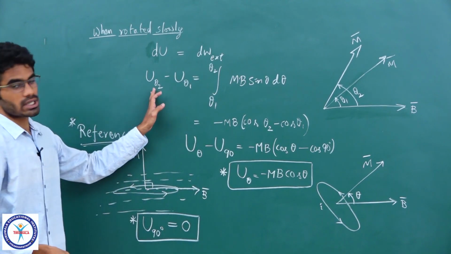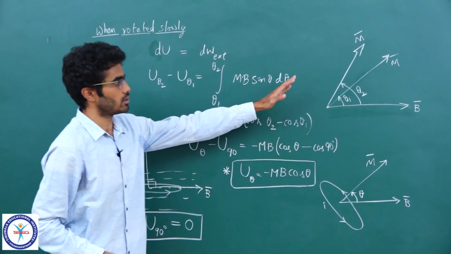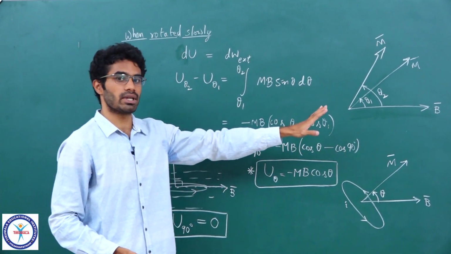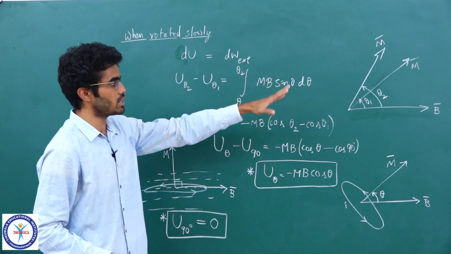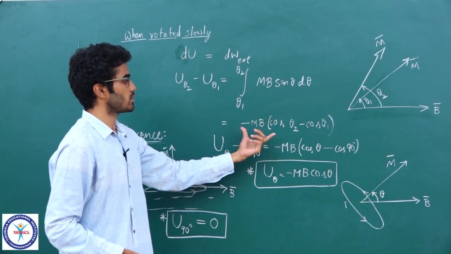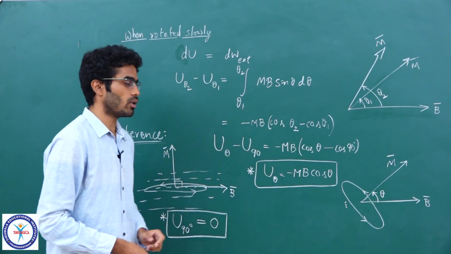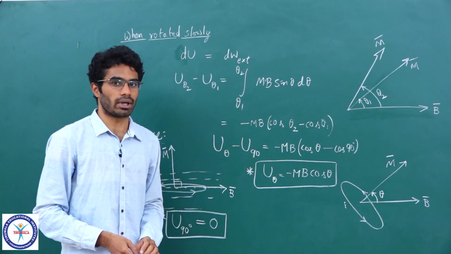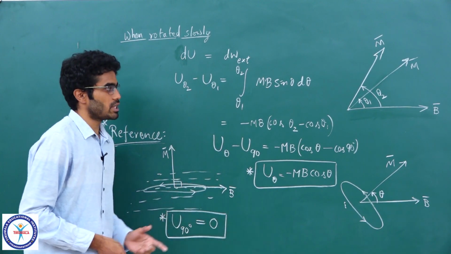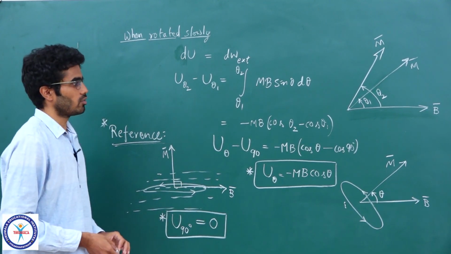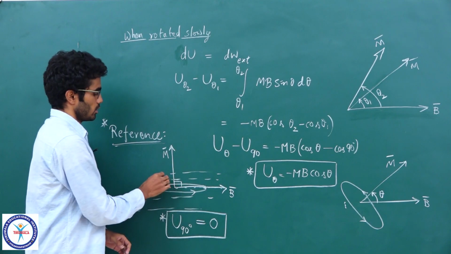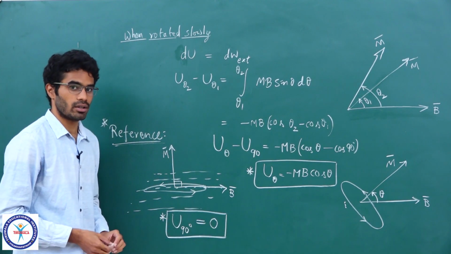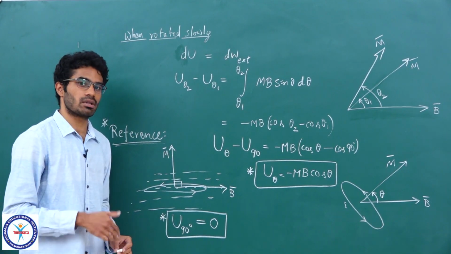The increment in potential energy at the situation theta 2 minus potential energy in the situation when it is placed at an angle theta 1. So, the difference in the potential energies is this value. Now, we have an assumption here, we will make a reference point. Our reference in this scenario is always for the angle when theta is equal to 90 degrees, we say that the potential energy of the system is 0.